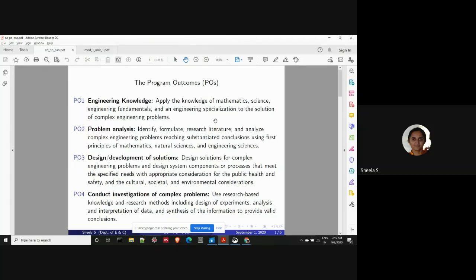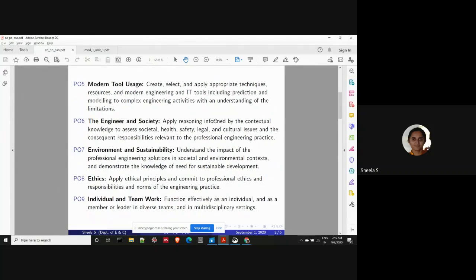Next, the fifth PO is usage of modern tools. When you are finding a solution for a particular problem, whether you are using any modern tool or not, that we are going to consider. And the sixth one is engineer and society.